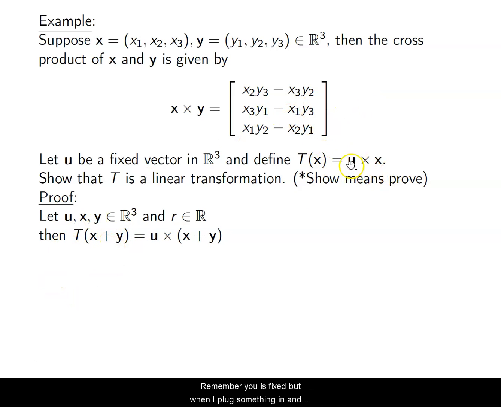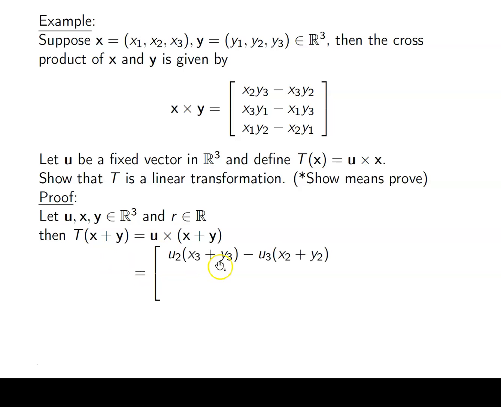So anything I plug in gets plugged into my function. Remember, u is fixed, but when I plug something in, it gets cross product with u. So if I'm plugging in x plus y, that is getting cross product with u, right? So then what is this going to look like? Well, I'm going to take the second component of u, u2, and I'm going to multiply that times the third component of what would be x plus y, which will be x3 plus y3.